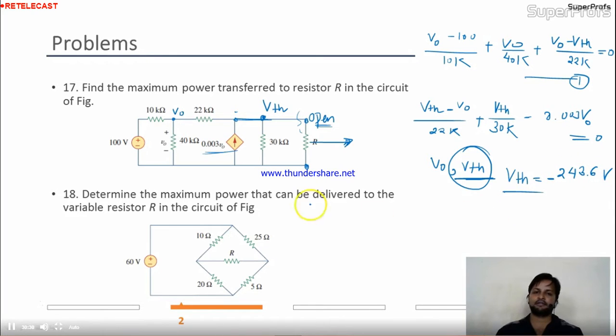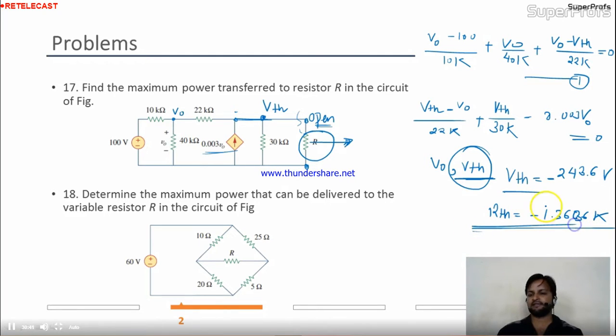243.6 volt. And when you calculate the RTH, RTH will be minus 1.3636 K. Why are we getting this minus? The value of resistance is negative because of the dependent source available in the circuit.